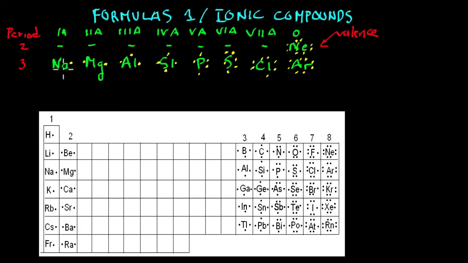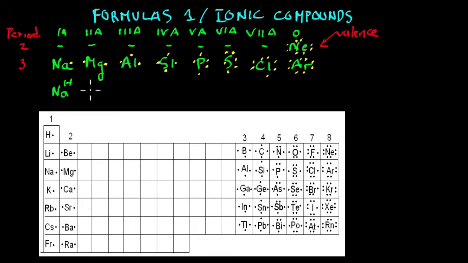It's atomic number 11. If it loses that 1 electron, it's very easy to look like neon. Sodium then loses a negative. It becomes Na, a 1 plus ion, a charged particle, ION.